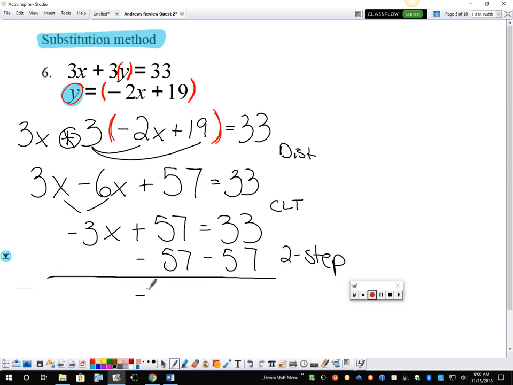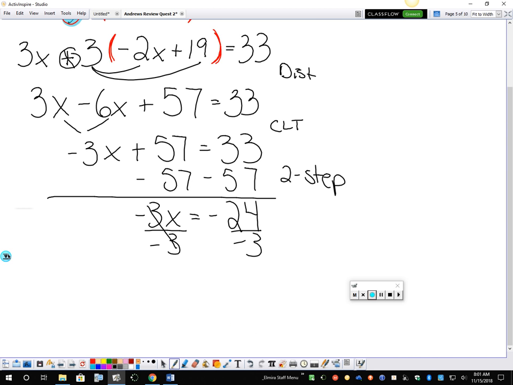Negative 3x comes down. 33 take away 57 is negative 24. Divide both sides by negative 3. And x equals a positive 8, because a negative divided by a negative is a positive.